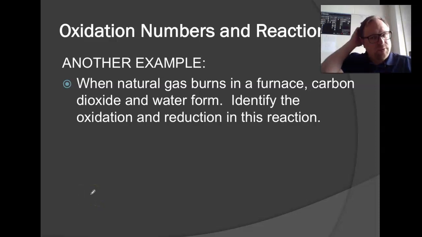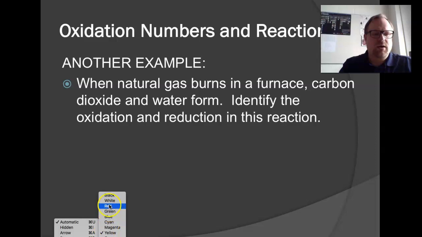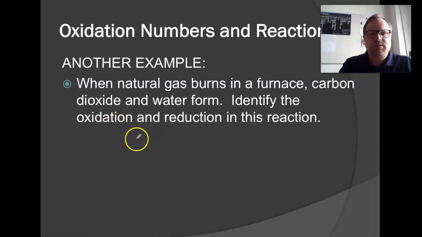This is another example here of how we would do this. Again, you would have done this on that worksheet previously. You can write out the balanced equation of this and start to work it out. So natural gas burns. Natural gas is methane, and it's burning.